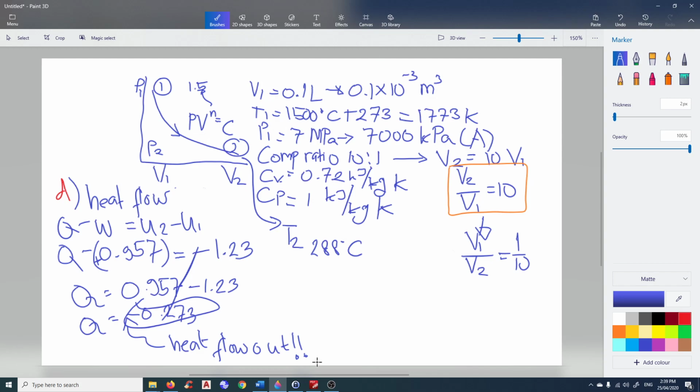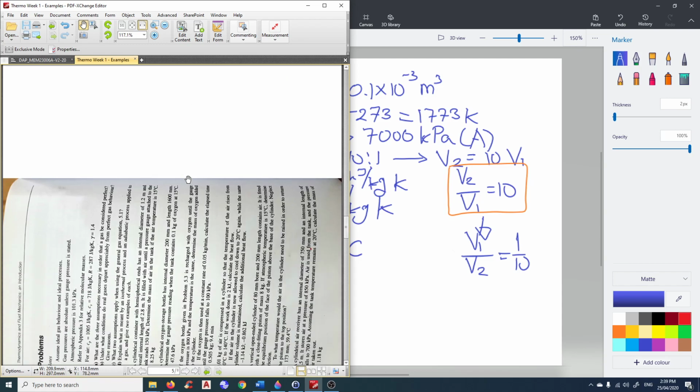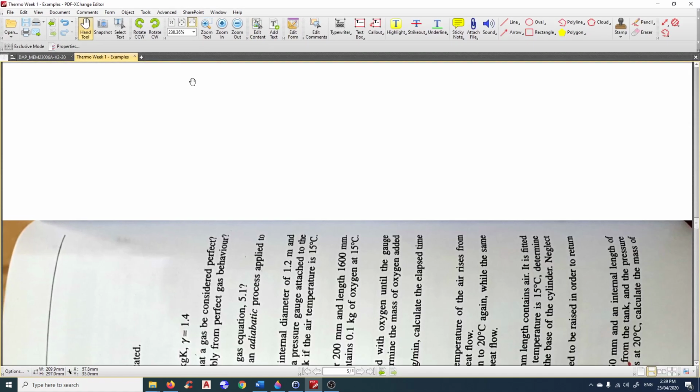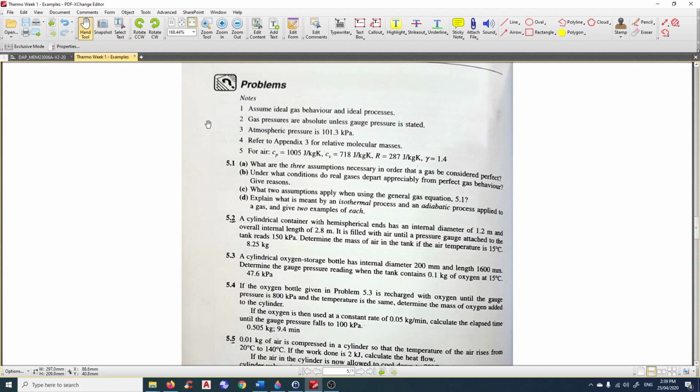Okay, I think that's the end of the worked example. Now I have scanned some of the examples here, which I want you to practice at home.